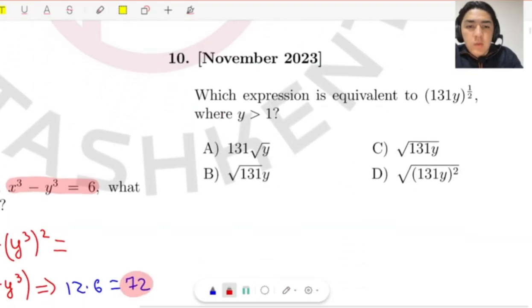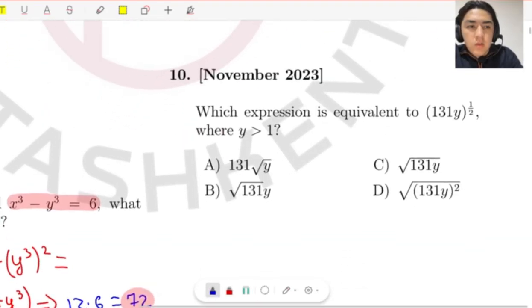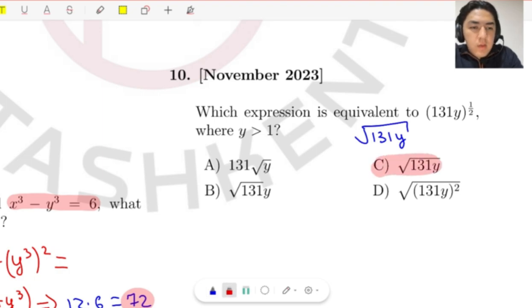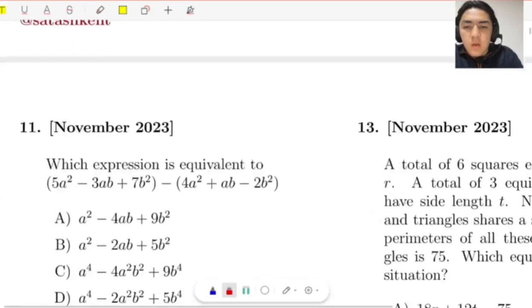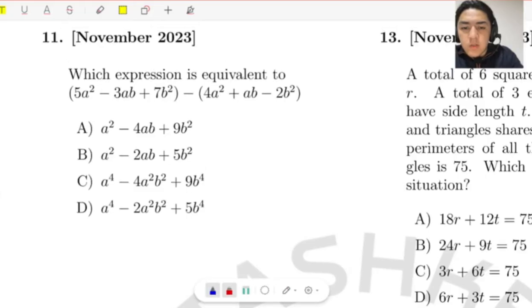Question 10. Which expression is equivalent to this one? Okay, 1 over 2 means just a radical. I can write it in this way. That's it. So the option will be C. Question 11. Which expression is equivalent to this? So they are so easy, guys. I can just open the brackets.